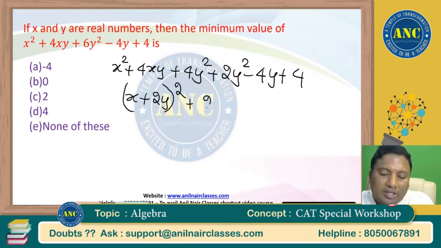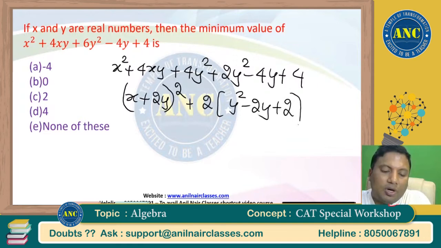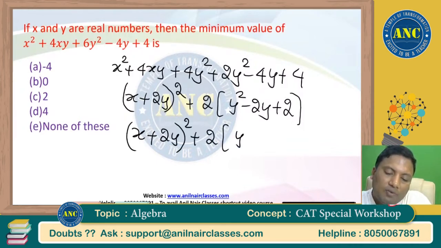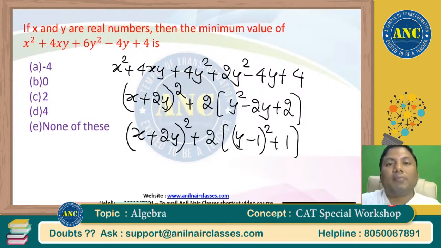The rest can be written as 2 into y square minus 2y plus 2. Are you all with me? This is x plus 2y whole square plus 2 into y minus 1 whole square, where y square minus 2y plus 1, plus 1 plus 1. I hope it is clear.